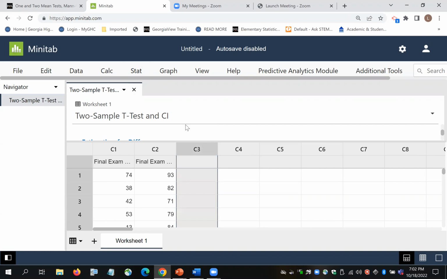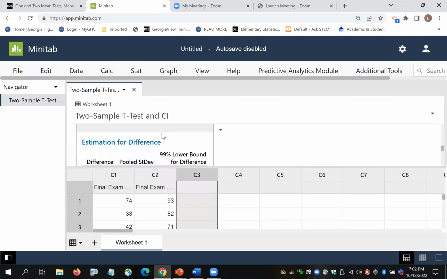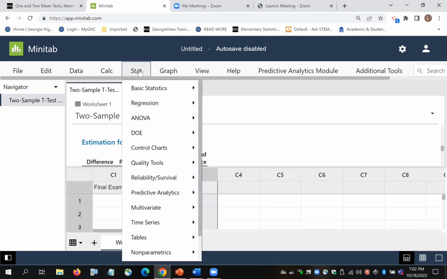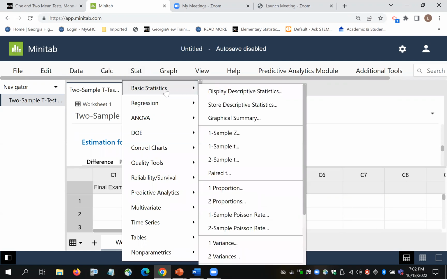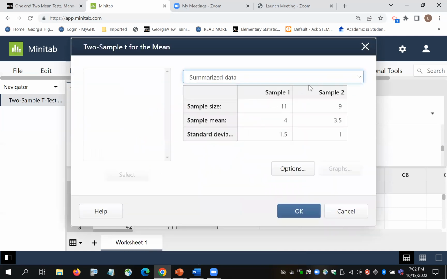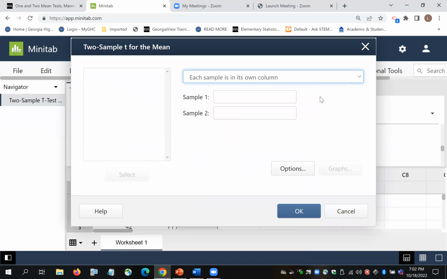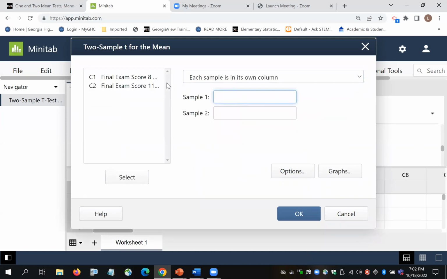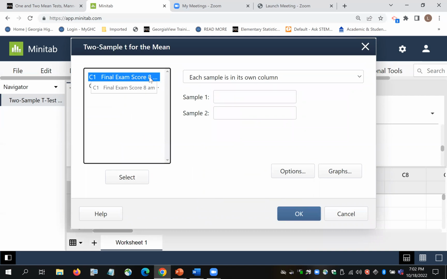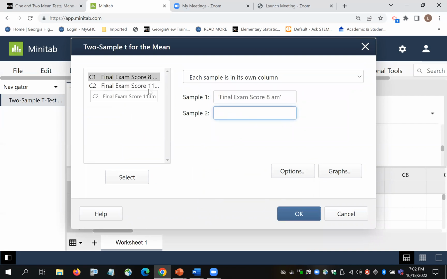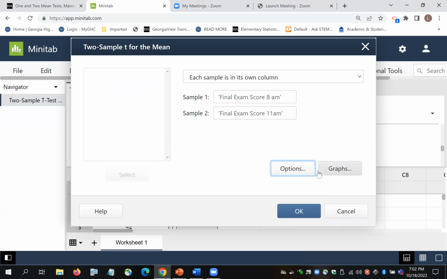So I'm going up to Stat, Basic Statistics, to Sample T. This time I have each sample in its own column. Sample 1 is the 8 a.m. class. Sample 2 is the 11 a.m. class.